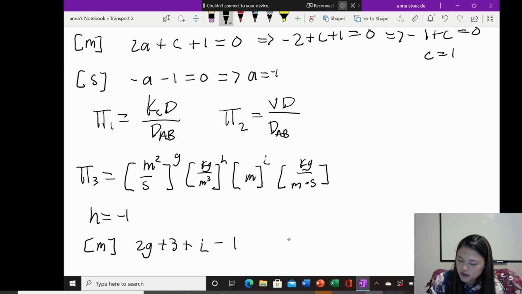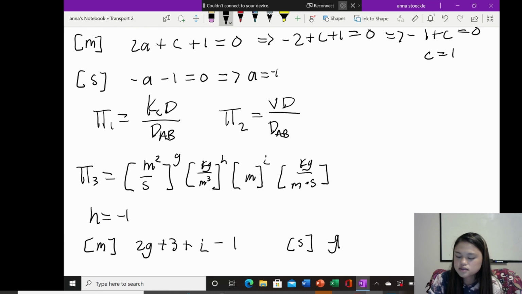Now let's look at the seconds. So negative g for that first diffusion coefficient.